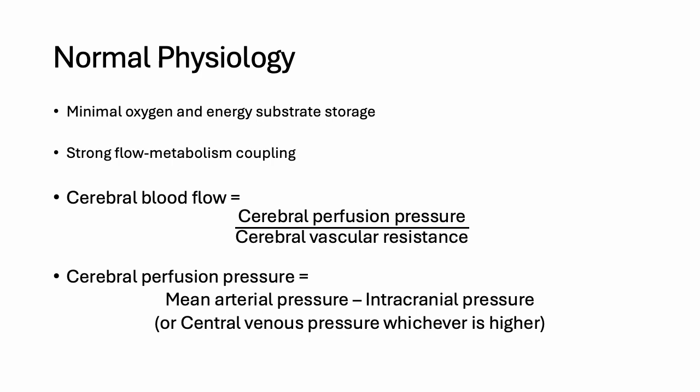So normal brain physiology, the important thing to remember is the brain has very minimal oxygen and energy substrate storage, so it doesn't tolerate ischemia very well.